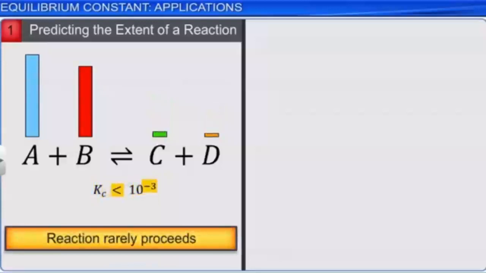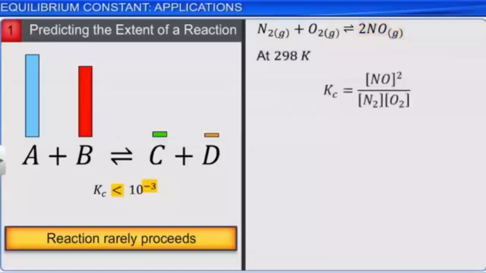For example, for the gaseous reaction of nitrogen and oxygen reacting to form nitric oxide at 298 Kelvin, the equilibrium constant has a small value of 4.8 into 10 to the power of minus 31.